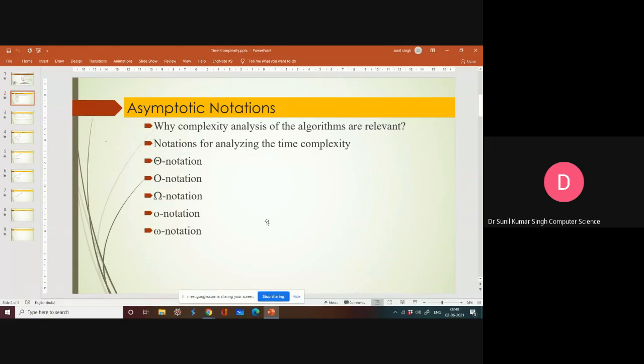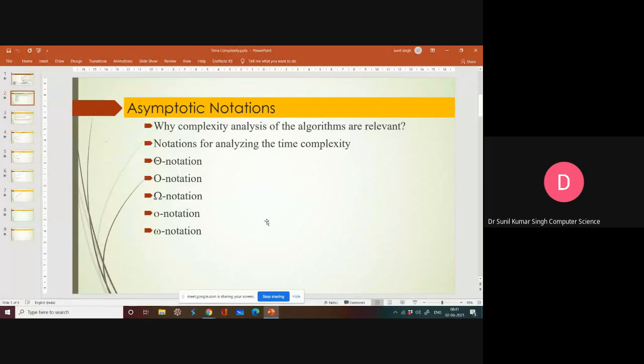First of all, we have to learn why complexity analysis of algorithms is important. Nowadays everyone is looking for high computing power devices with a significant amount of memory storage. For example, if you are going to purchase a cell phone, you have in mind the processor and the storage of the cell phone.